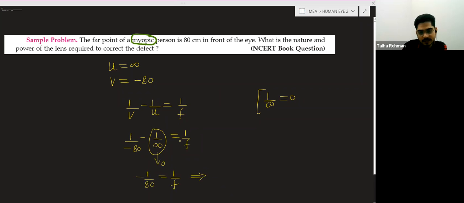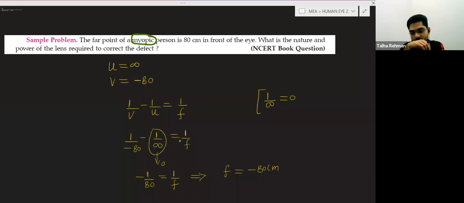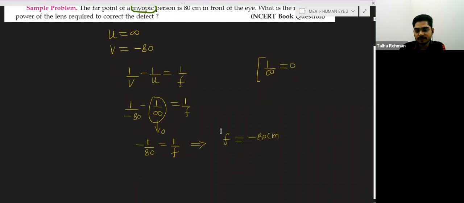So the focal length is equal to minus 80 centimeter. Focal length you will get, and I have told you, negative focal length means concave lens. So from here also we can get it.